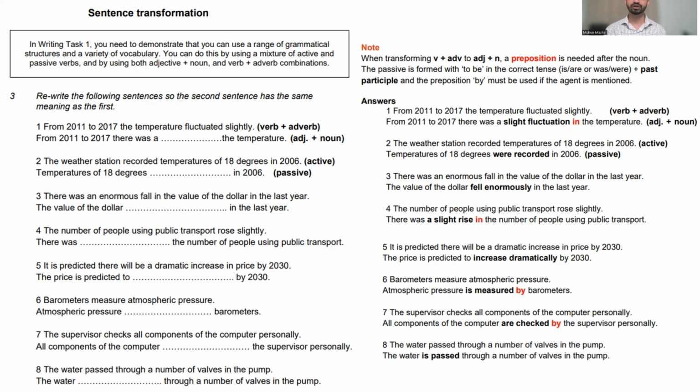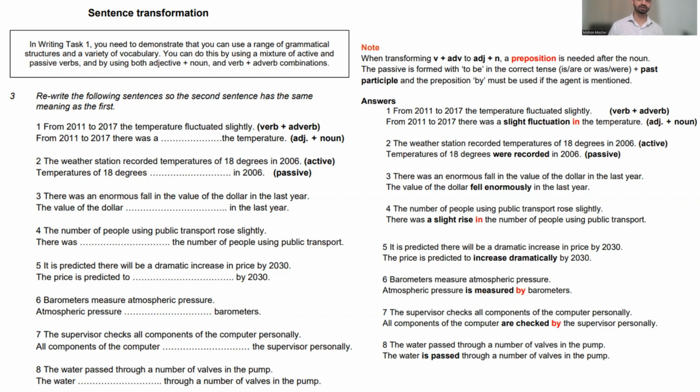Number 3, there was an enormous fall in the value of the dollar in the last year. The value of the dollar fell enormously in the last year. Okay. The number of people using public transport rose slightly. There was a slight rise in the number of people using public transport.